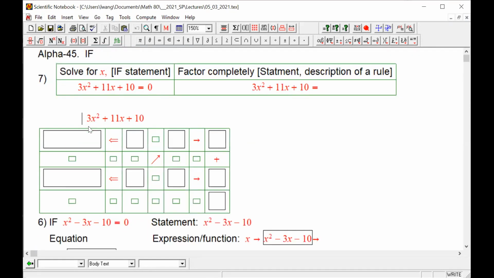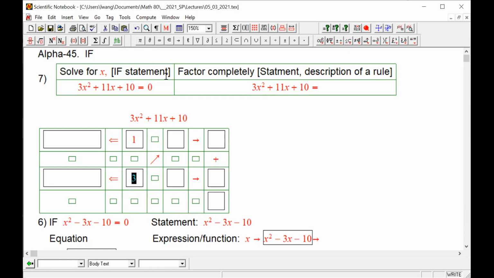Okay, so I just try to figure out what should be the factors, right? 3 equals 1 times 3, and 10 equals 2 times 5, or 5 times 2, right?